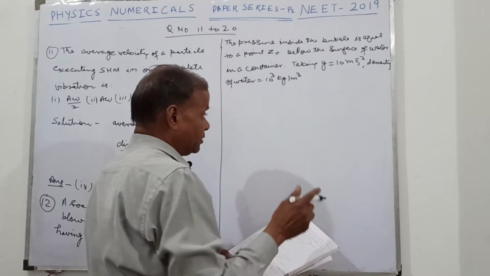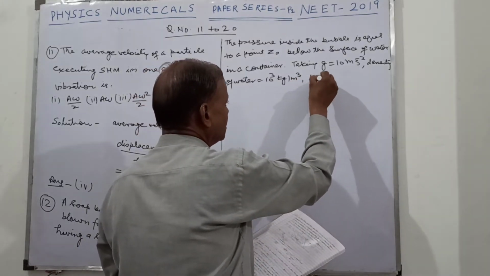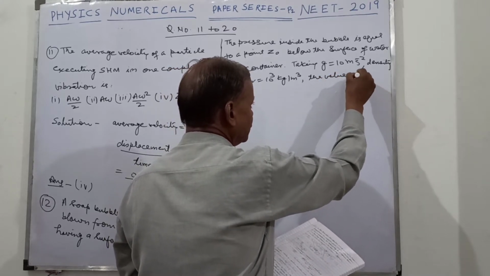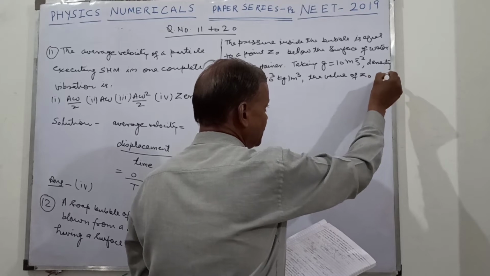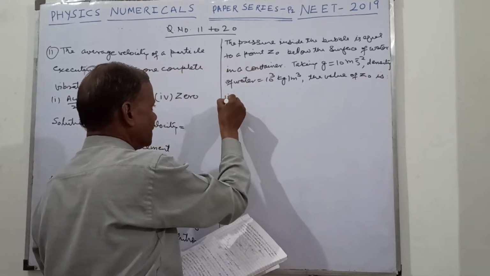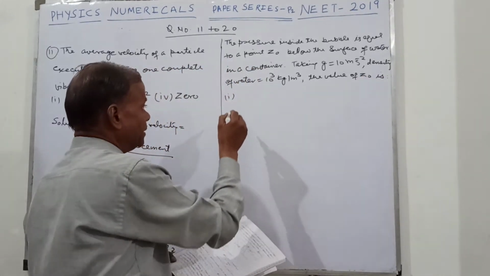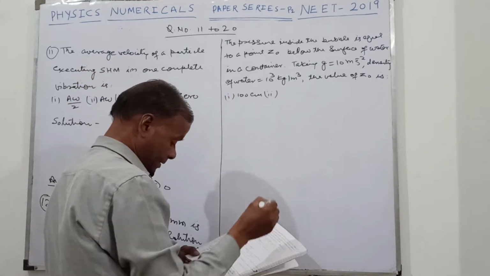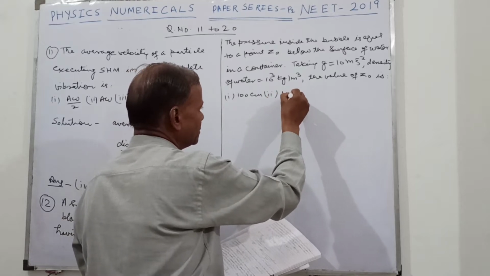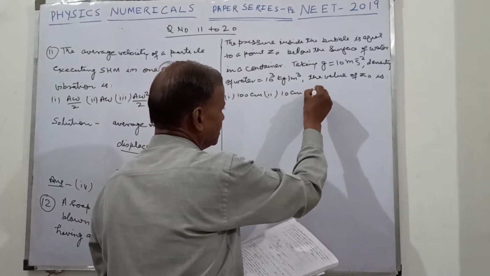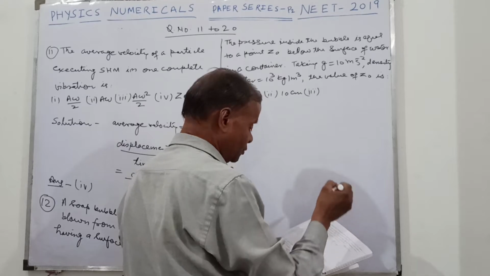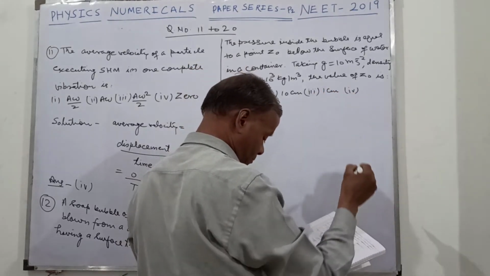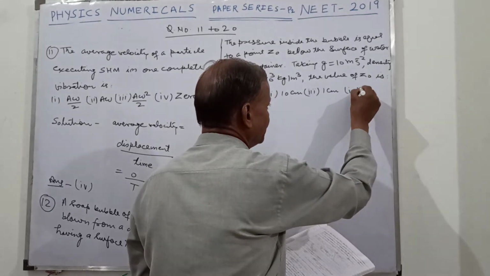The value of Z naught is, now options: first 100 centimeter, second 10 centimeter, third 1 centimeter, fourth 0.5 centimeter.